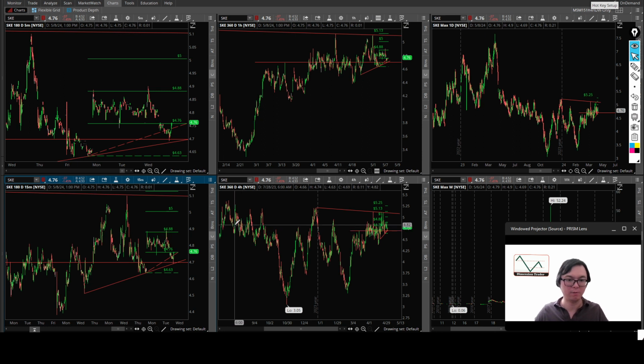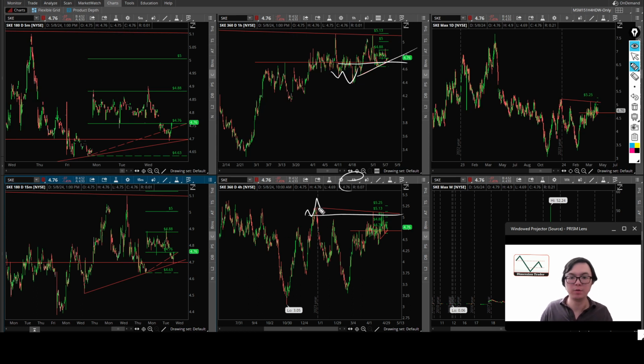Okay, let me redraw one more time. So this is the top resistance in the 4 hour, and this is the bottom support right here. We have the trend line, and we have a trend on the top on the 4 hour as well.